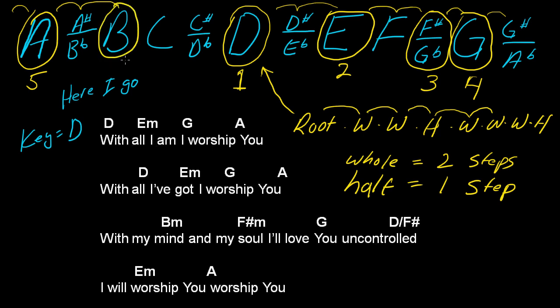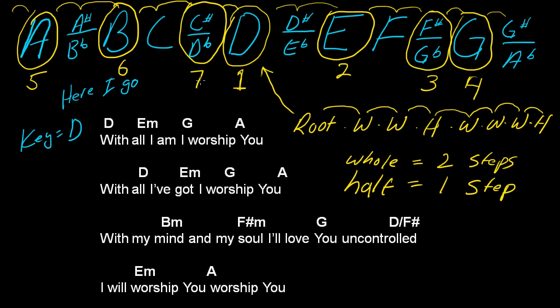So B is 6. And another whole step. From B would be 1, 2. So C sharp or D flat is number 7. And from whole to half basically returns you to number 1. That's how you get the numbers 1, 2, 3, 4, 5, 6, 7.